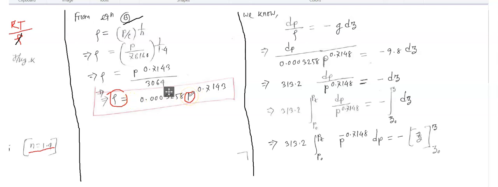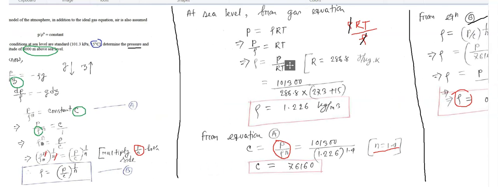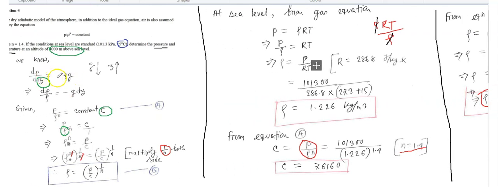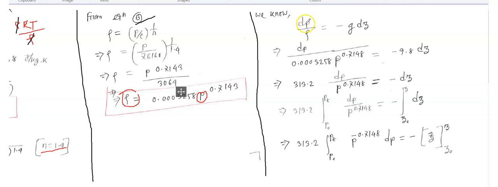Now if you remember, initially we wrote dP by dz equals rho g. I'll go back there. Yes, dP by dz equals rho g. So we wrote dP equals rho g dz, and we wrote the same thing here.